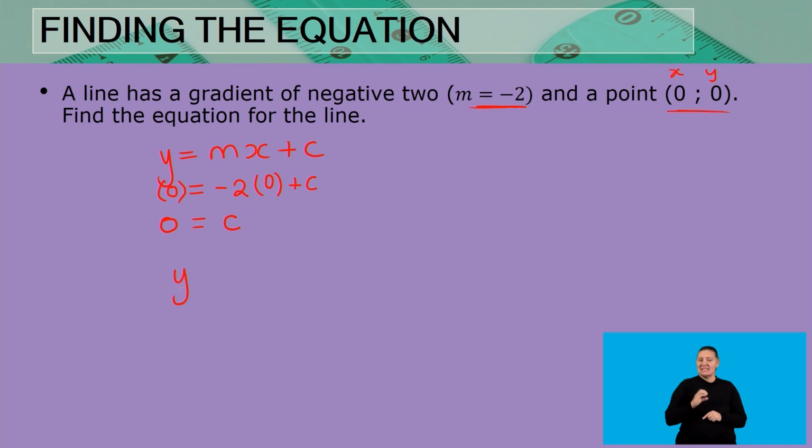But what is the equation of this line? Now we know that the gradient is a negative 2. We have our x there and our y-intercept is 0. But if you think about it, because the line is passing through the point (0, 0), that means that it is passing both the x-intercept and the y-intercept at 0, which makes sense why the y-intercept is 0.